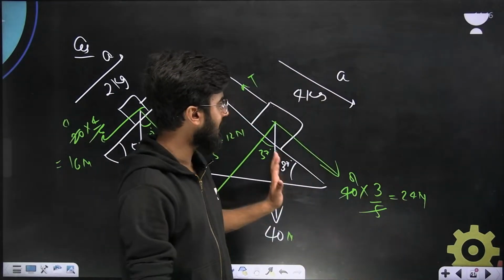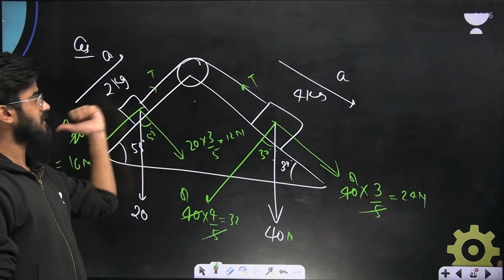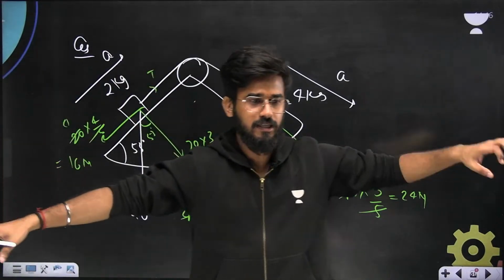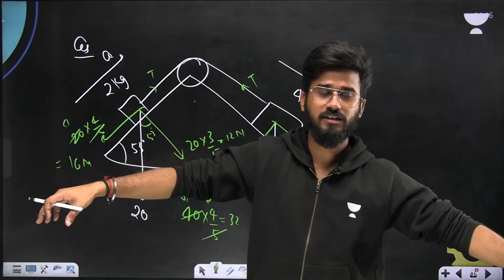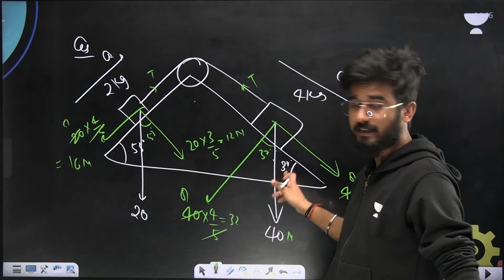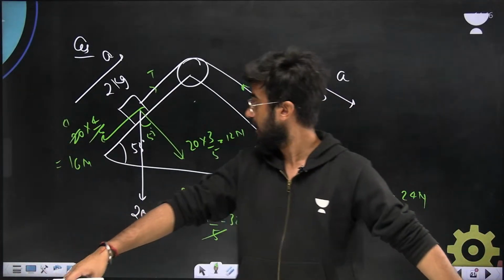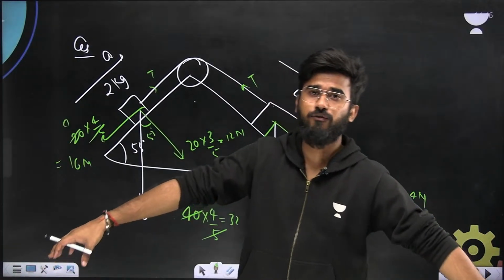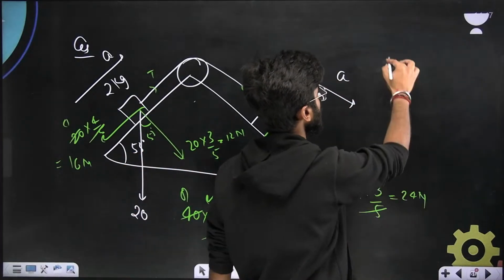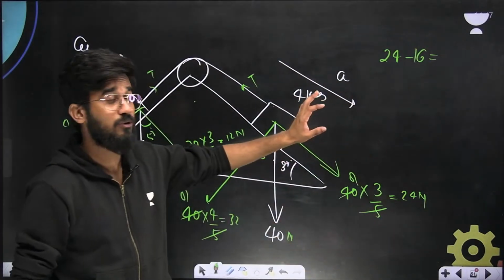So we'll simply write 24 minus, because this is being pulled by the tension. I haven't written anything wrong. 40 sine 30, there is no 30, this is 37. So this is 24 and this is 16. So 24 minus 16 is the total force.